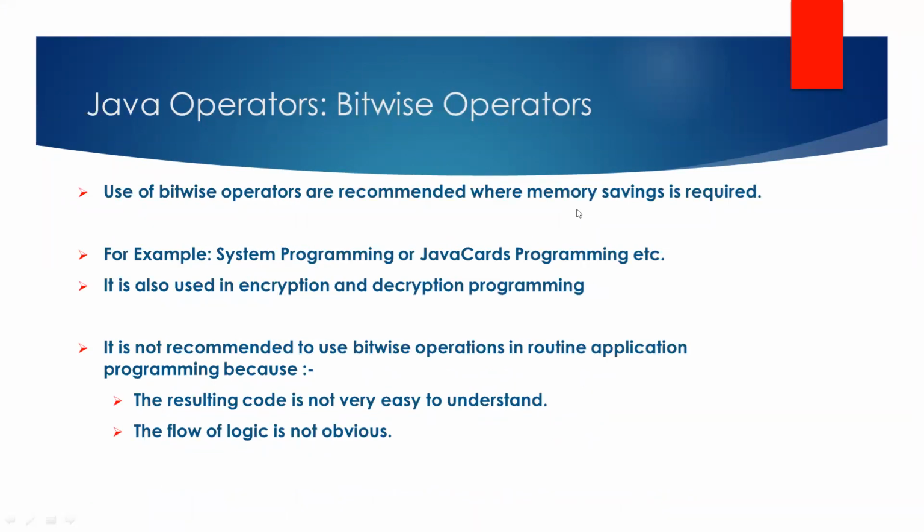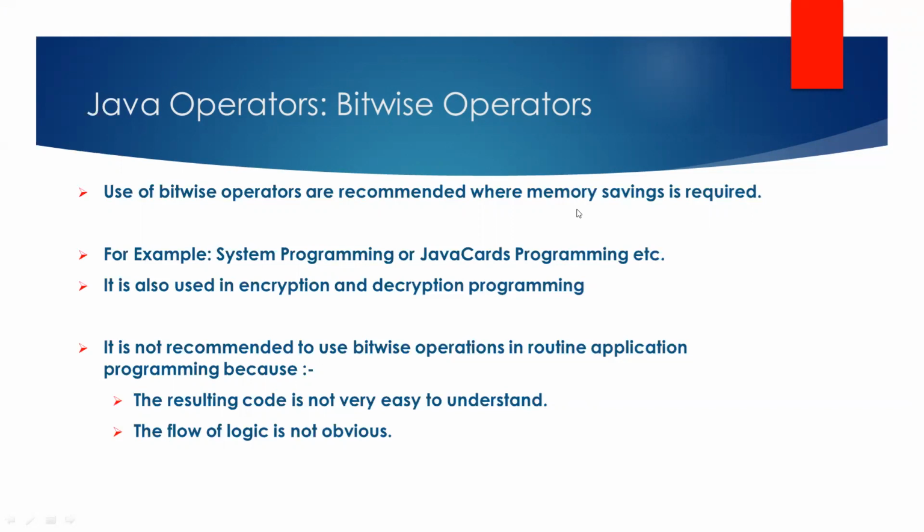Bitwise operators are recommended where memory saving is required. So these kinds of operations are performed mostly when you code for embedded systems and robotics, in which we shift the bits accordingly and perform the operations.